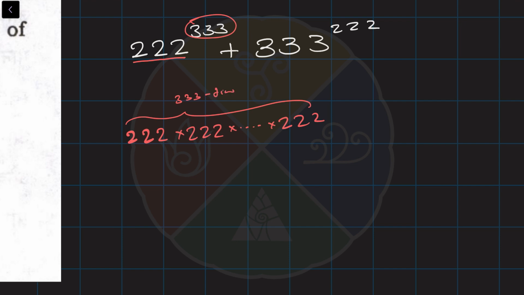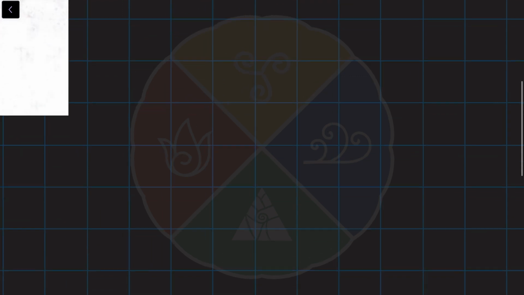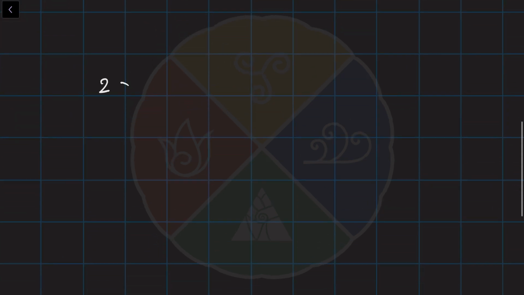Now, any even number, if it is getting multiplied by any other natural number or any other integer, that number will automatically become even. What I meant is that 2 into 3 is also even, or 4 into 5 will also be even, or 6 into 11, 66, this will be even.